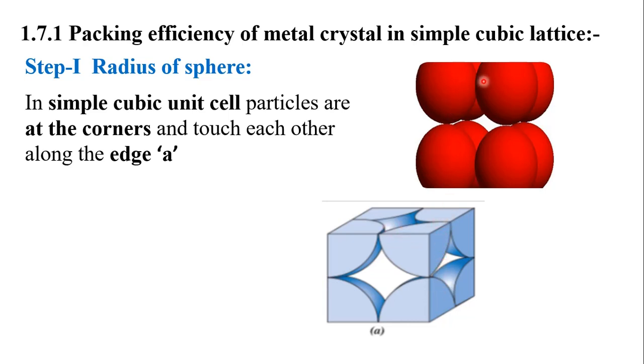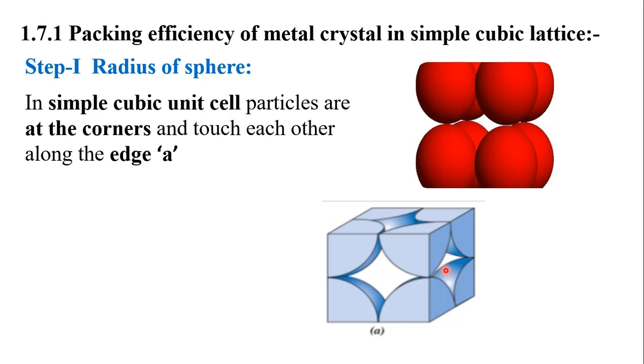Like this, 1, 2, 3, 4, 5, 6, 7, 8 particles are there. And these particles touch each other along the edge a. And as it is a cubic arrangement, the edge length is the same, that means a into a into a. The length of all these edges is the same.